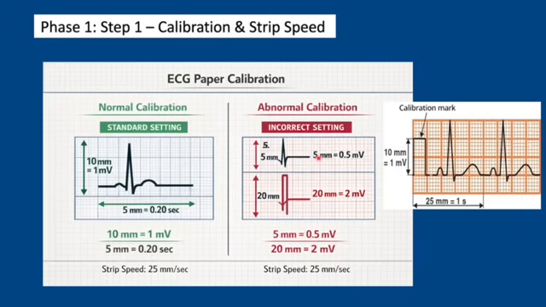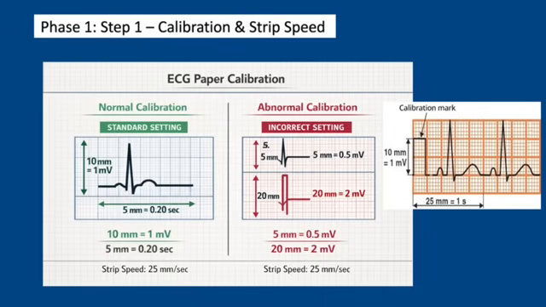This will give waves of low amplitude, and 2 millivolt will give high amplitude waves, which would not be correct. Strip speed is 25 millimeters per second, and as we know, this makes the duration of the small square 0.04 second and the big square 0.2 second.